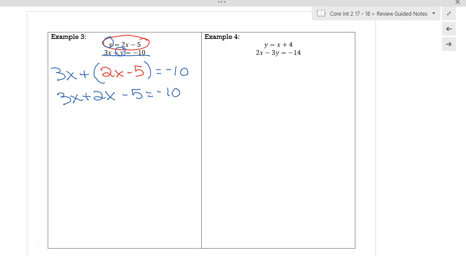Our next step in solving is to see if you have anything that has like terms on the same side of the equation. If you look here, I have a 3x and a 2x on this side of this equation. 3 plus 2 is 5x. Then minus 5 equals negative 10.